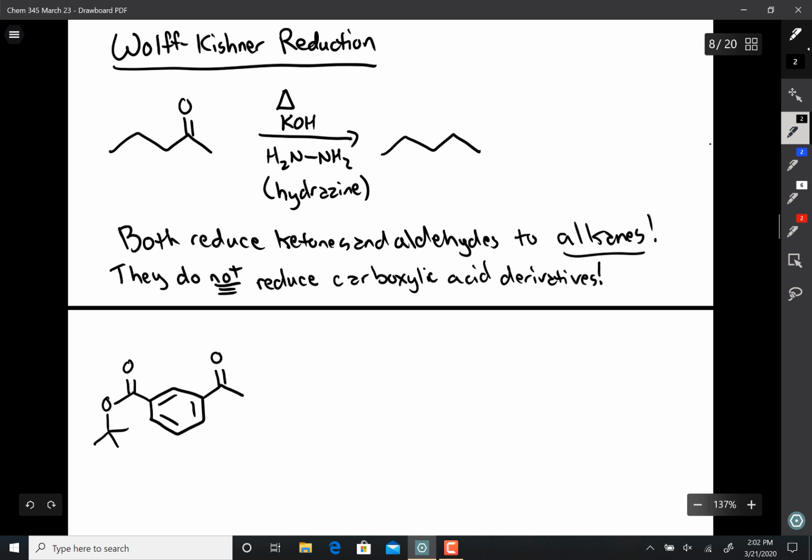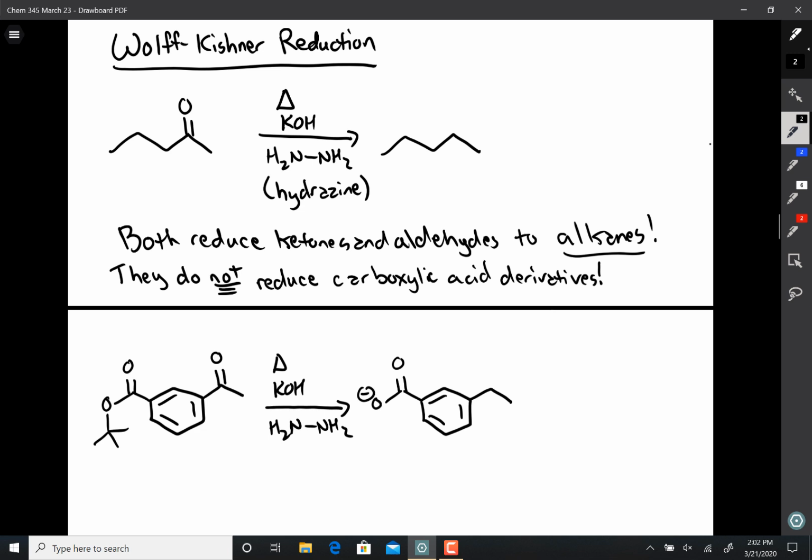So you had something like this molecule, it would reduce the ketone down to the alkane, but does not reduce the ester.